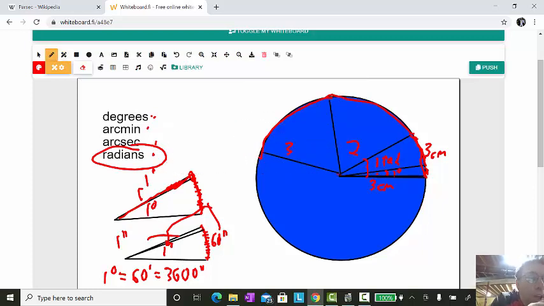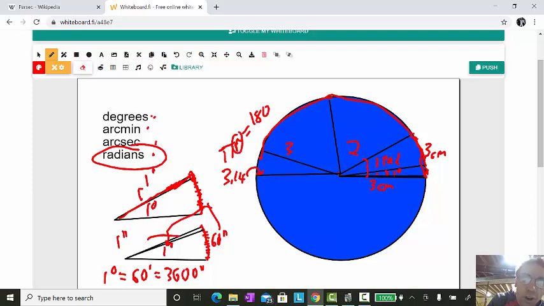So if it goes out to 180 degrees, then it's actually gone 3.14 radians right here. And obviously 3.14 is pi, so pi radians is equal to 180 degrees.